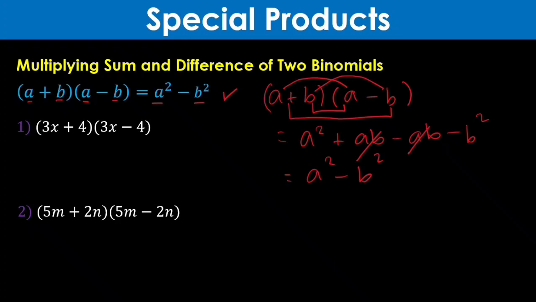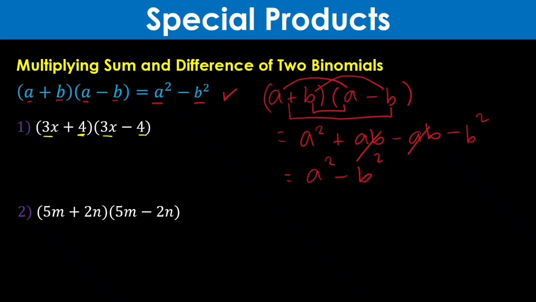Now let's go to the first multiplication. Let's check first the first and the second terms if they're the same as in the second binomial. So our first term is 3x, that's the same as the first term of the second binomial. And then the b is 4. Okay, and of course we can now use this formula.